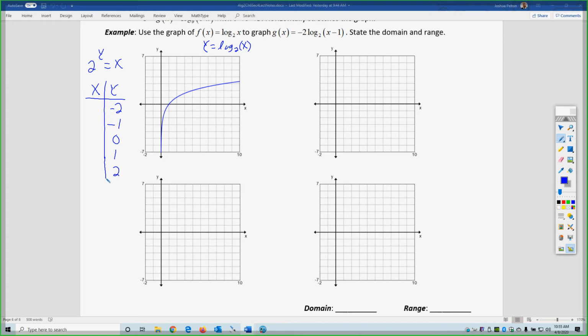So if I plug in -2, I get 1/4. If I plug in -1, I get 1/2. Plug in 0. Anything to the 0 power is 1. 2 to the 1 is 2. And then, of course, 2 to the 2 is 4. So let's see, 1, 0, 2, 1, and 4, 2.